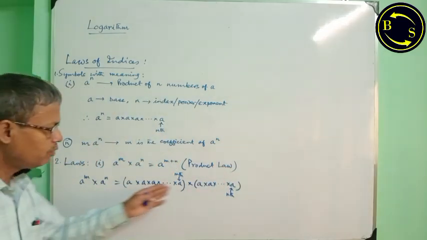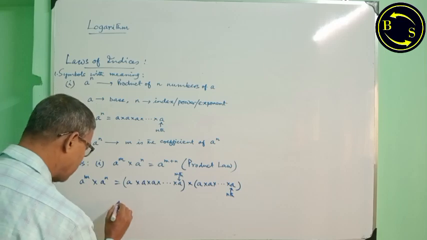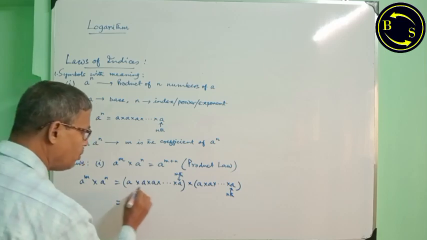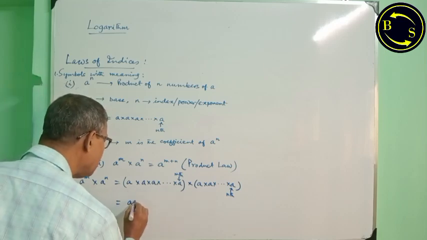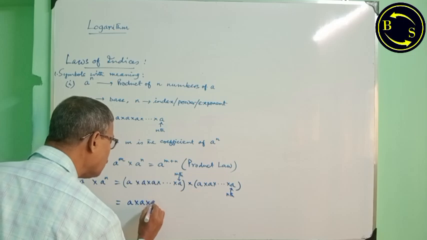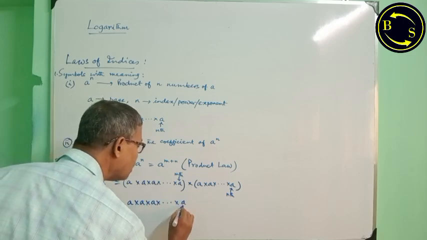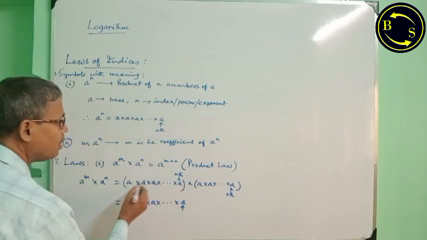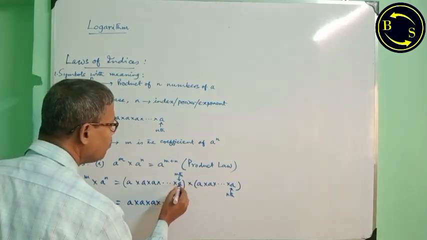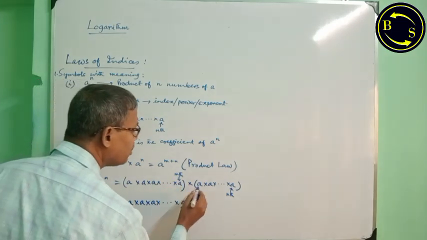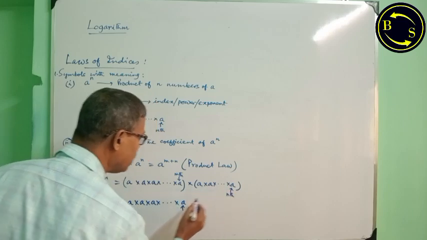Now if I remove the brackets, then how many A's are there? A into A into A into A, totally m A's are there. Here totally n A's are there.